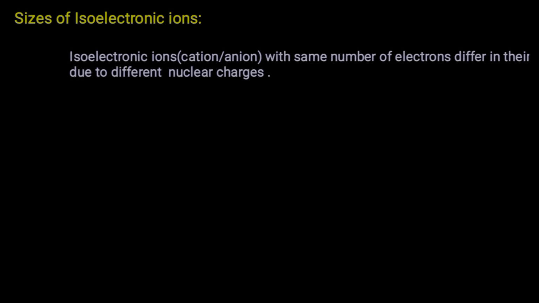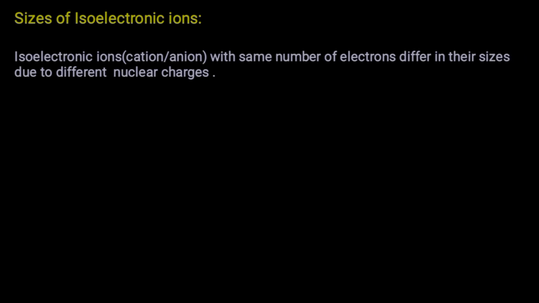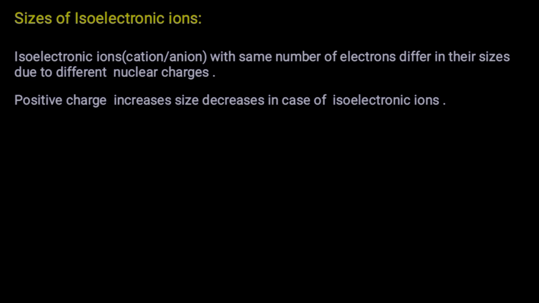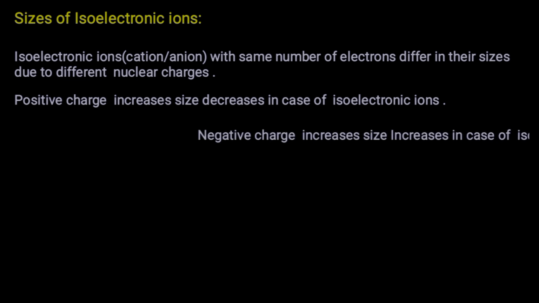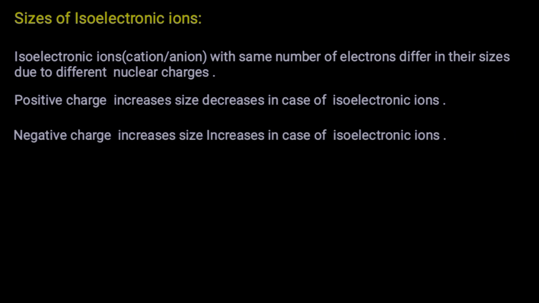Now, let's talk about the sizes of isoelectronic ions, in which the electron number is the same but the sizes are different. The reason behind that is they have different nuclear charges. Now, with positive charge, the size decreases in case of isoelectronic ions, whereas with negative charge the size increases. So negative charge is there on anions, positive charge is there on cations.